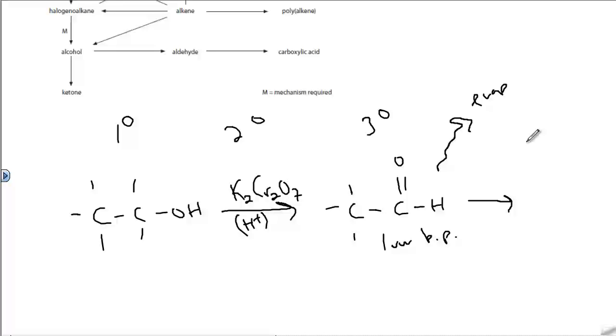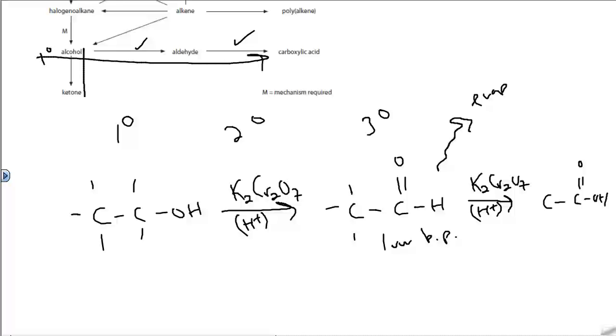That's called distillation. However, if we continue to heat it, it's called heating it under reflux, and if there was still some potassium dichromate present, we would produce our carboxylic acid. So that takes care of this and this. Remember, that's for primary alcohols only in this direction. In this direction, this is for a secondary alcohol.